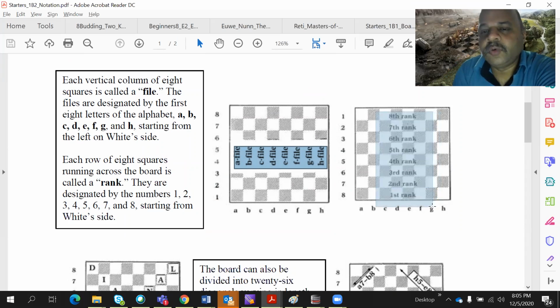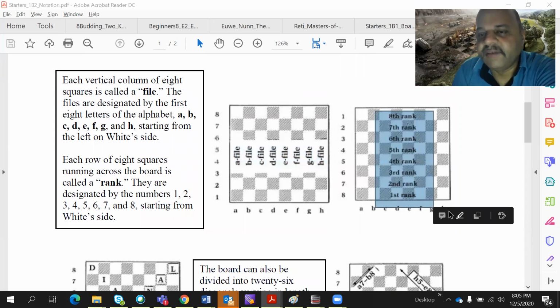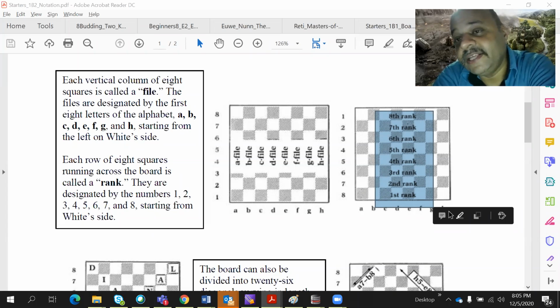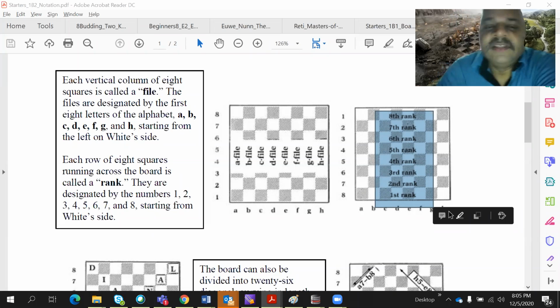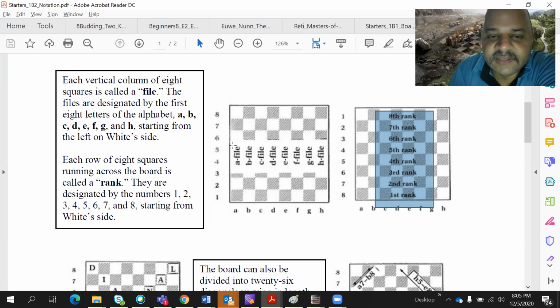Okay, the origin of this lies in the military. Chess is similar to how you play on the battlefield, right? So all the words are also similar to what is there on the battlefield. If you are interested in the military and army, and look at it historically, in the olden days the soldiers used to march in files.